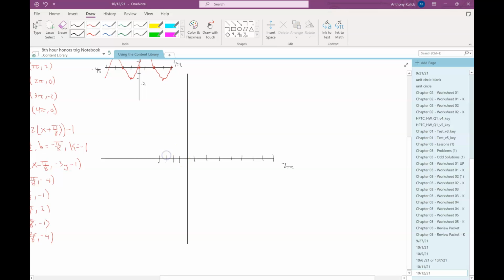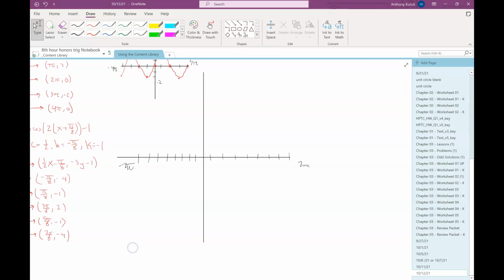One, 2, 3, 4, 5, 6, 7, 8. Guess I put those ones closer together or something. All right. Not to scale. And then 1, 2, 3, 4.